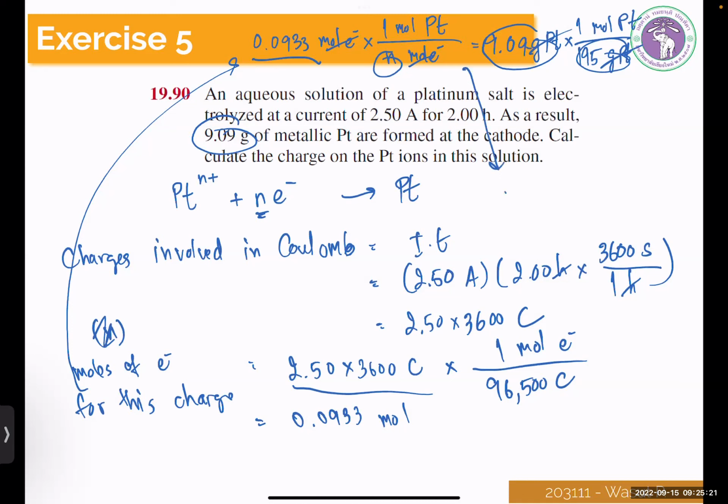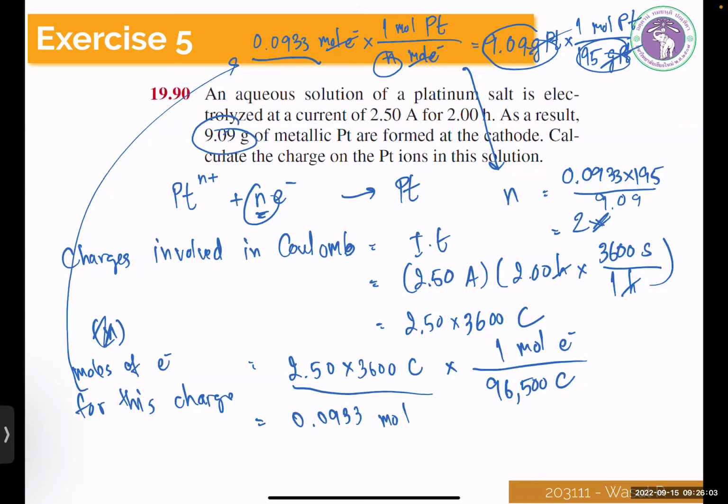So from this equation, I know that n will equal 0.0933 times 195 over 9.09, which is 2 point something, but this n should be an integer, so it's 2. Okay, so the charge of platinum is 2. That's the answer.